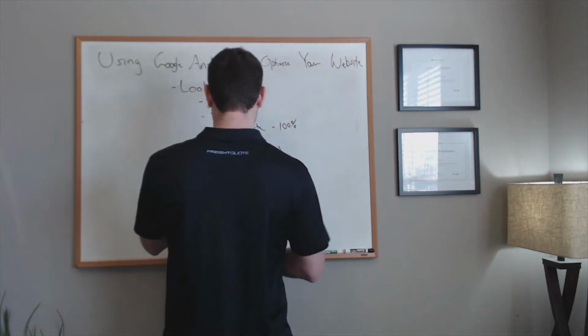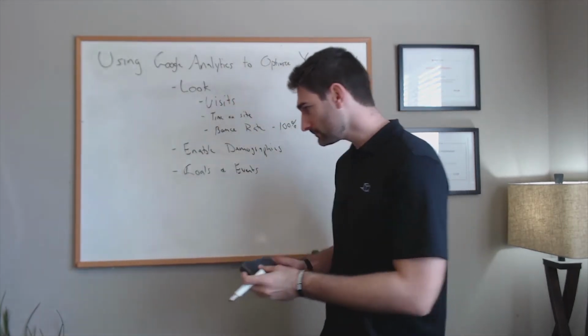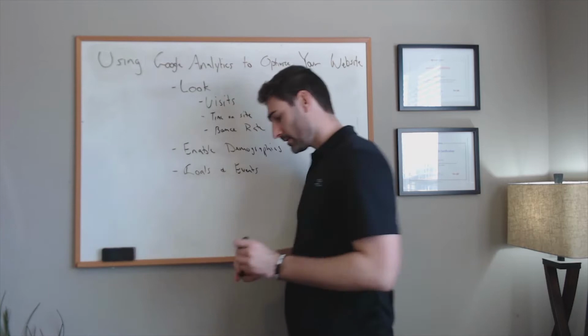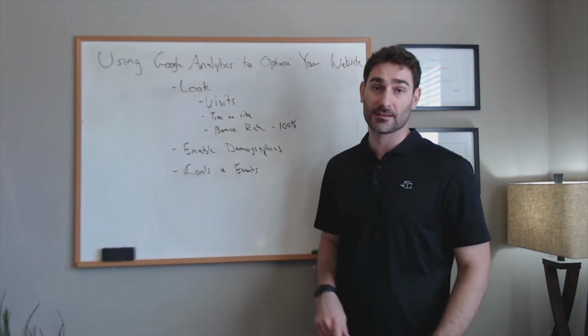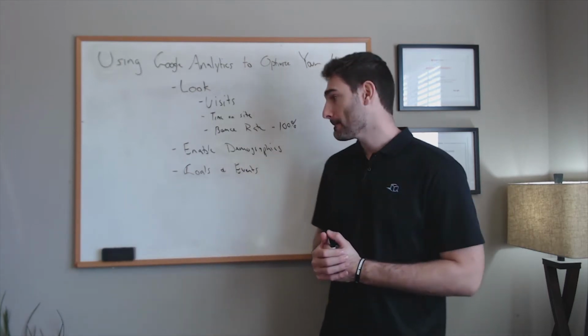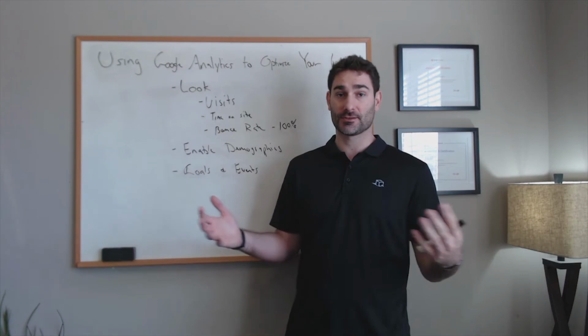So the next one is goals and events. Google Analytics allows you to create certain goals and events that you can track on your website. So let's say that you want a goal to be when someone registers, okay?